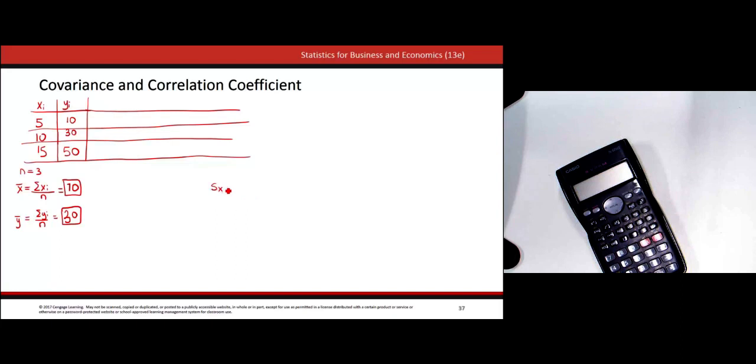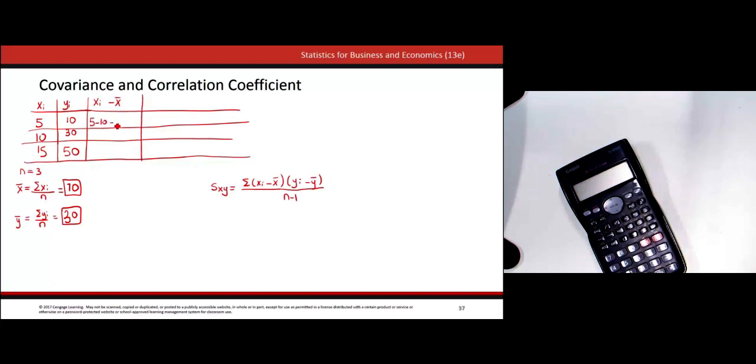Sxy is the sum of xi minus x bar times yi minus y bar, over n minus 1. Which means we have to subtract the mean x bar from each xi value.